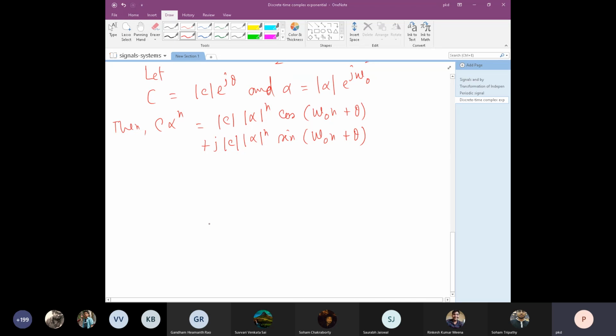So in this case also we will see that oscillations come into picture depending on the value of alpha, either it will be converging or diverging.